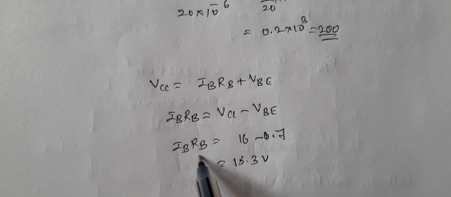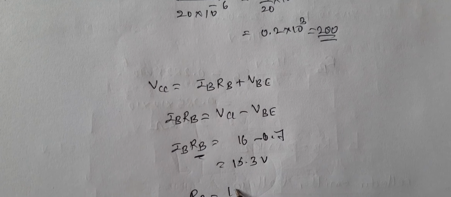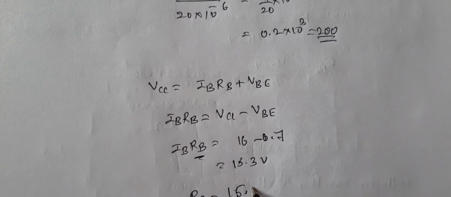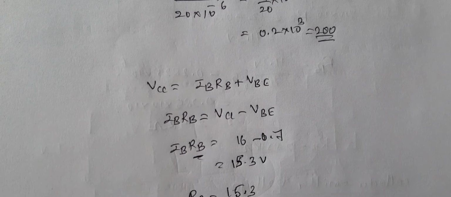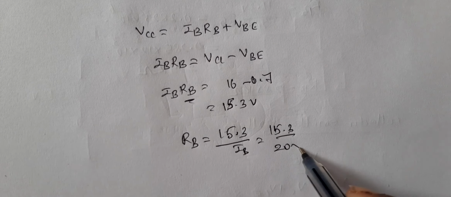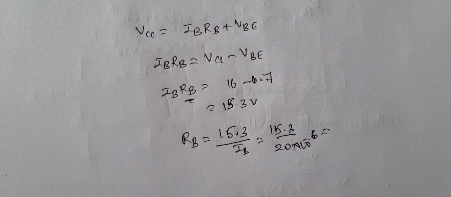Therefore, base resistance RB is equal to 15.3 divided by IB. IB is 20 into 10 power minus 6, given as 20 microampere.